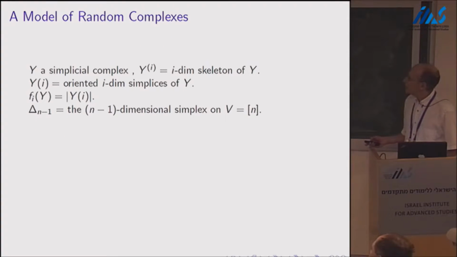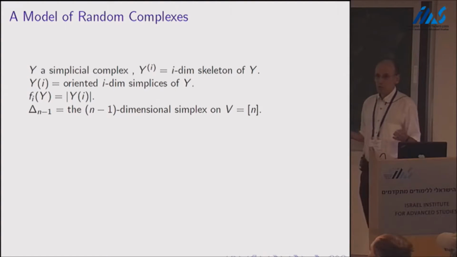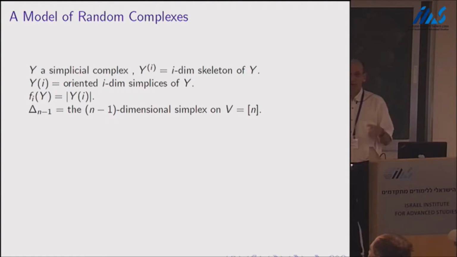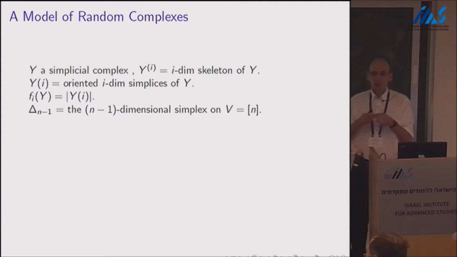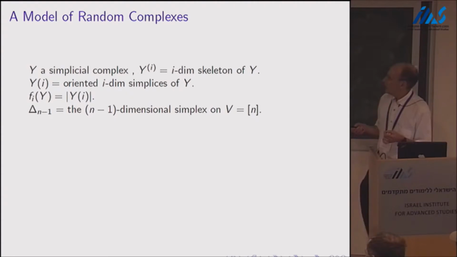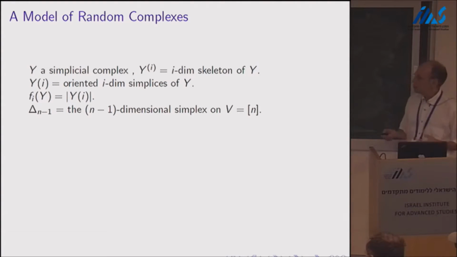Okay, let's say a few words about the origin of these notions. The first one concerns random complexes. So let's think about random graphs first. In the Erdős–Rényi model, you have n points, you just pick each edge with probability p, and you can ask what are the properties of the resulting probability space.